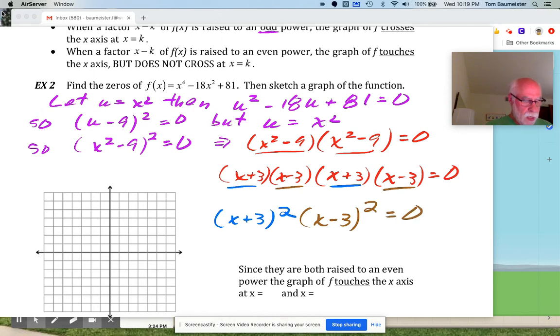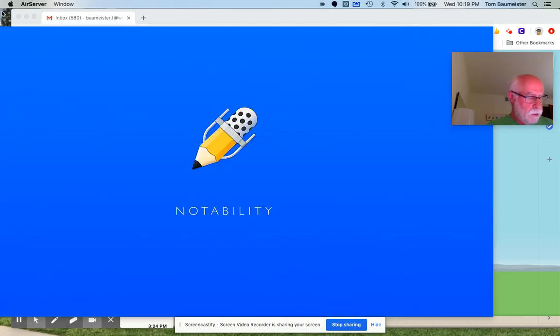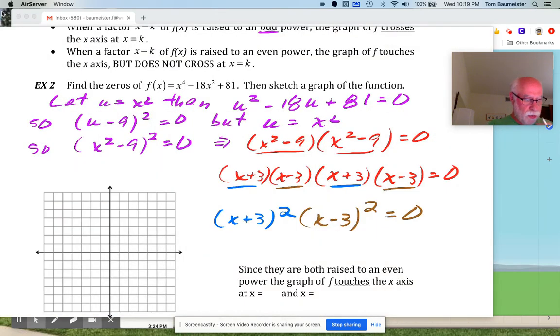Since both of them are raised to even powers, we know that the graph will touch the x-axis at x is equal to negative 3 and x is equal to positive 3.